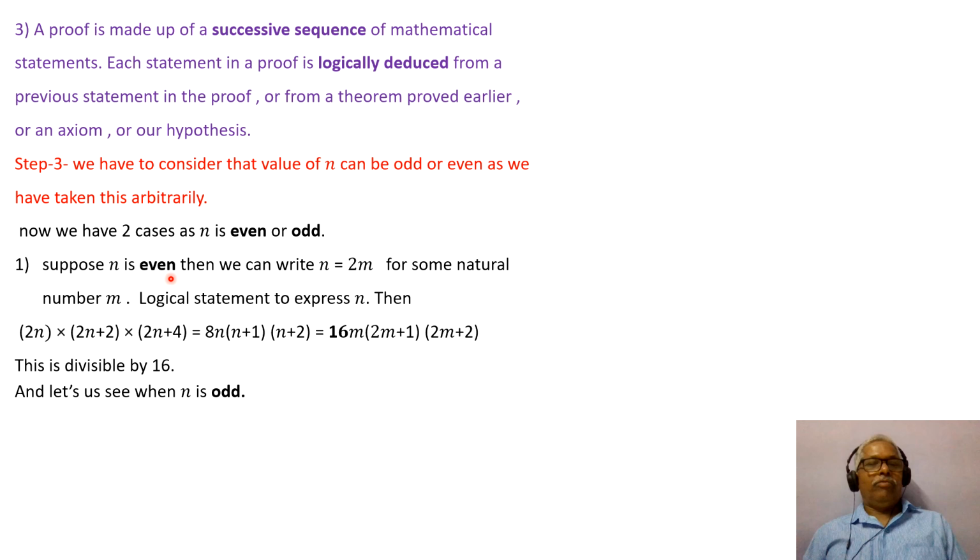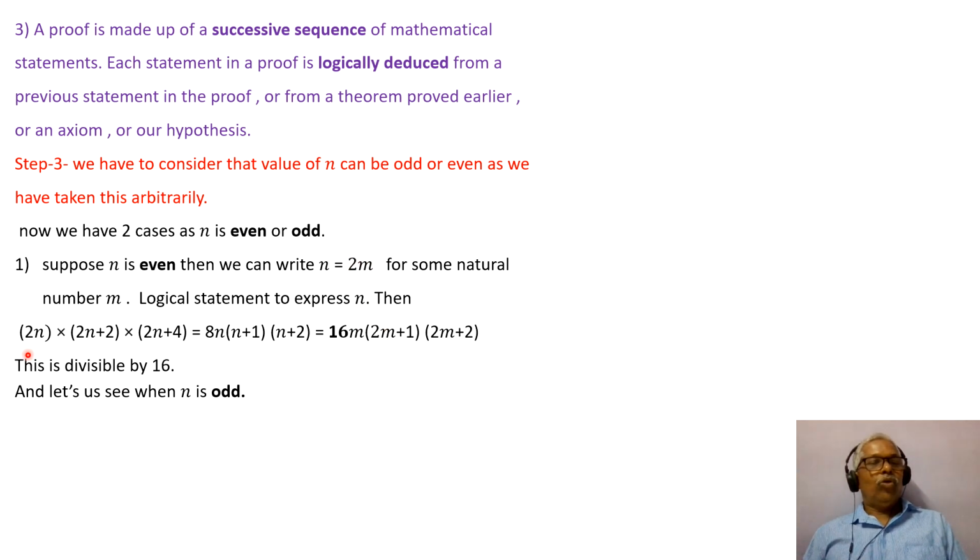Then we can write n equal to 2m for some natural number m. We have done this earlier. Logical statement to express n, because if n is even, then we can take it like this, a multiple of 2.